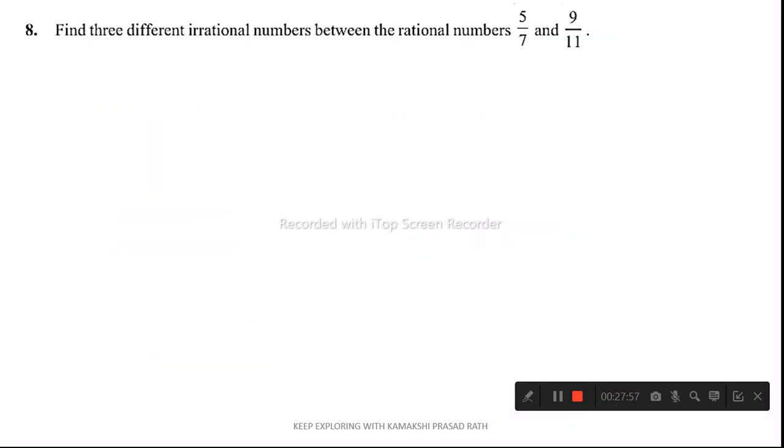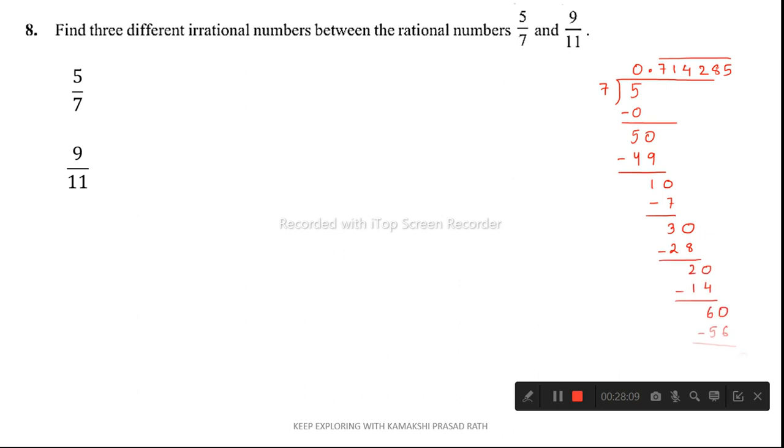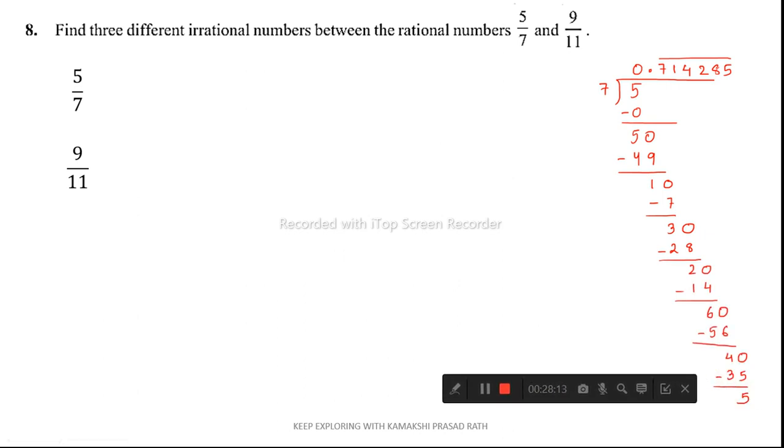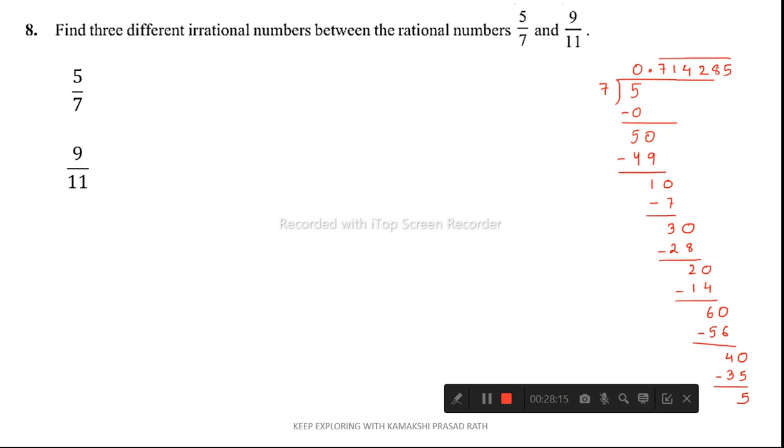Next, find three different irrational numbers between the rational numbers 5 by 7 and 9 by 11. For this, we first need to find the decimal expansions of 5 by 7 and 9 by 11, by performing the division. When we divide 5 by 7, the remainder 5 repeats itself, so we get 0.71425 and the whole set will be repeated.